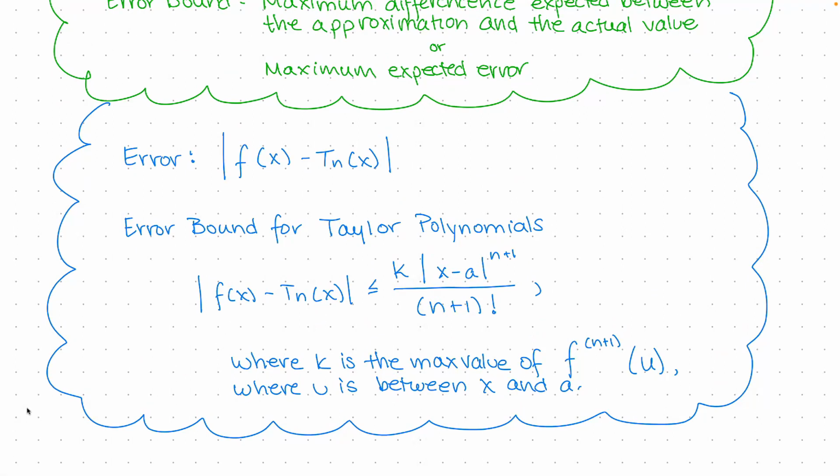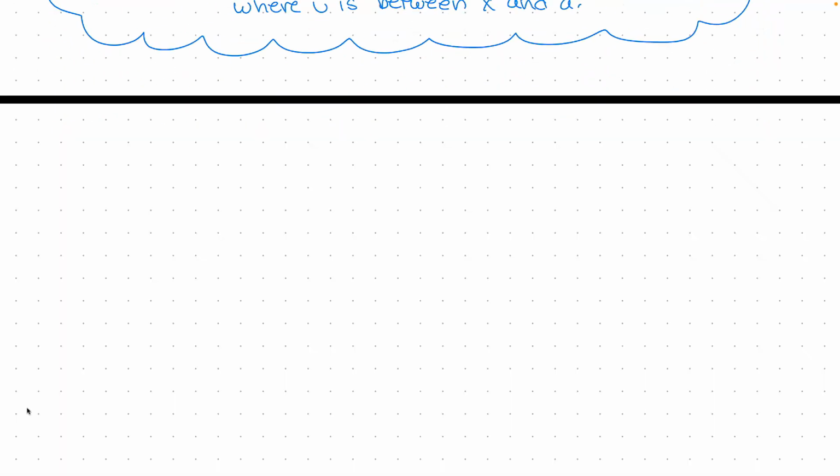Let's go purple. Anybody still need this? Okay. So let's look at this guy. Last example. Let's use the 4th degree Taylor polynomial to approximate the natural log of 1.2.